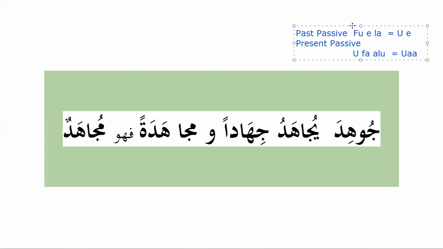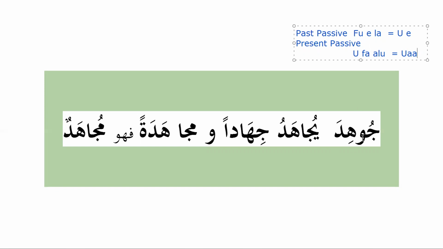So over here, in active form, we had jahada, yujahidu. And in past passive, we need to have a u sound and then e. So juhida. If we put dhamma on jim, then obviously for dhamma we have to bring waw over here.